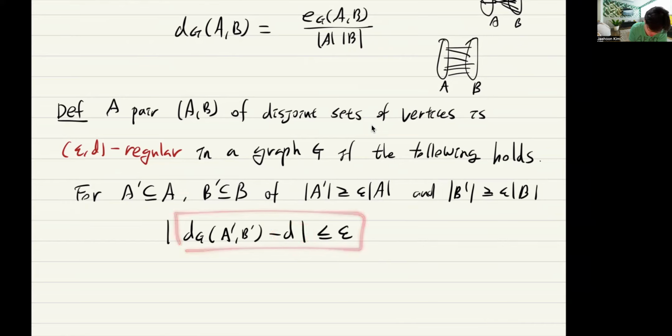In our notation, we can just write this as d plus or minus epsilon.